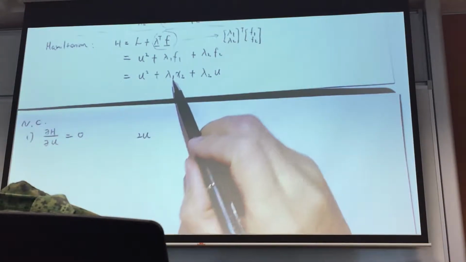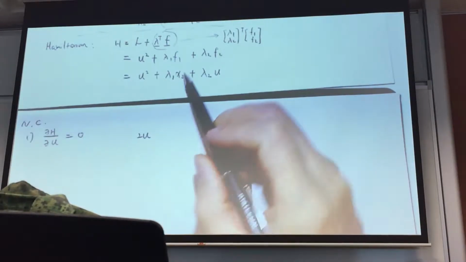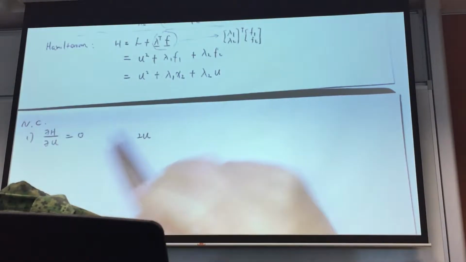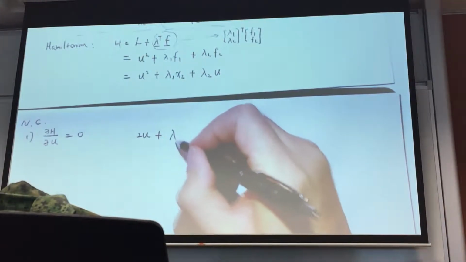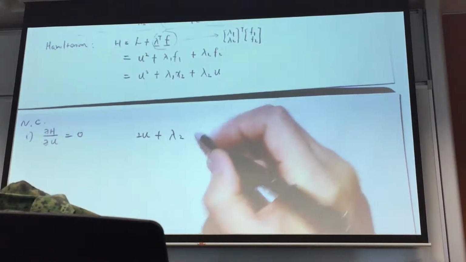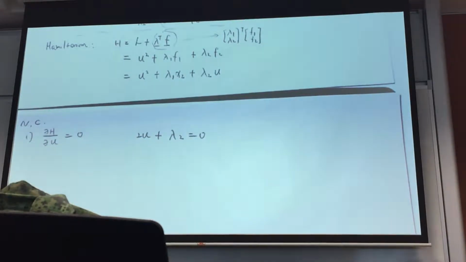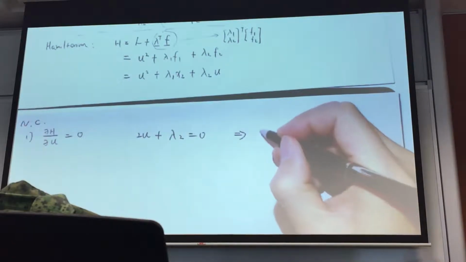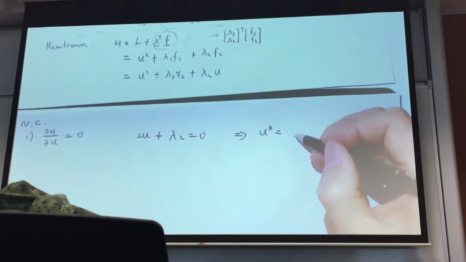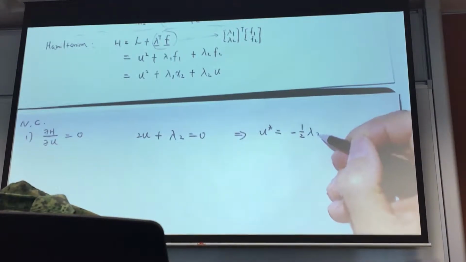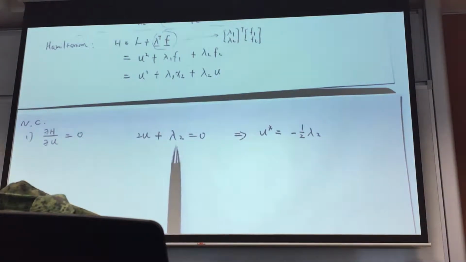The second part depends on lambda 1 and x2, so it has nothing to do with u, so it's 0. Plus lambda 2. So this equals 0. This gives us the optimal control: u star is given by minus a half lambda 2. That's from this one.